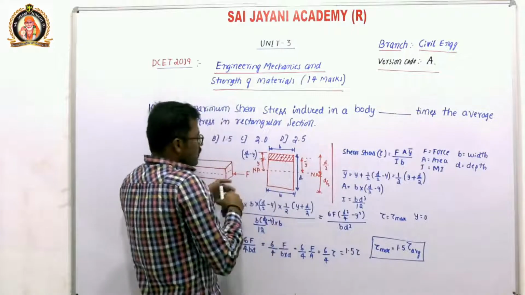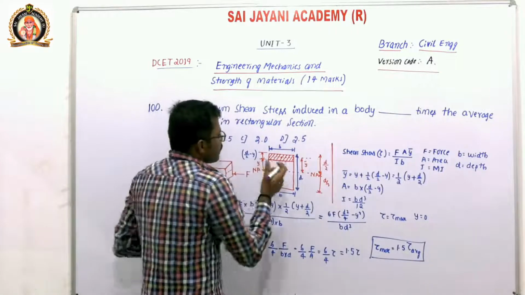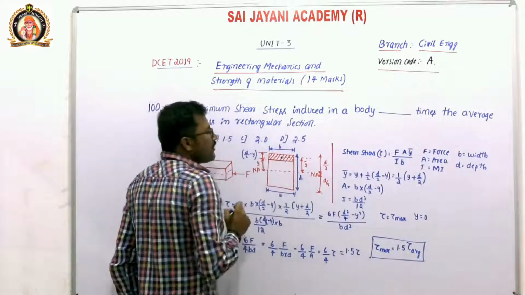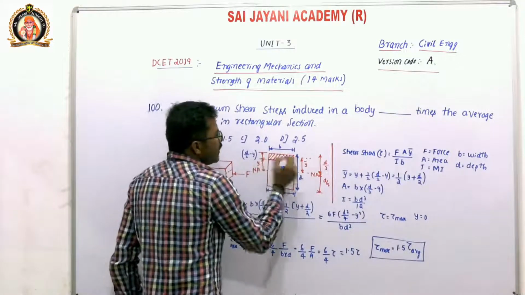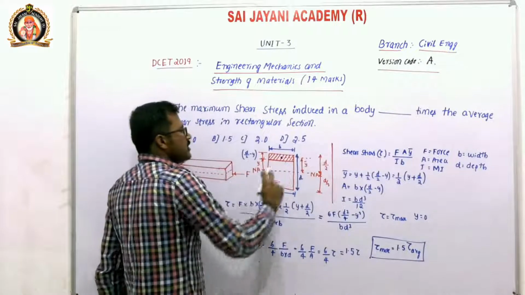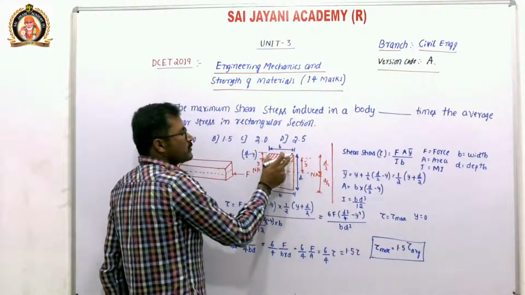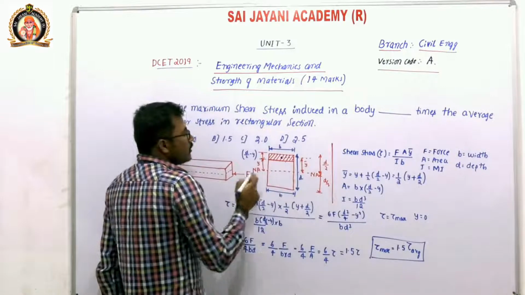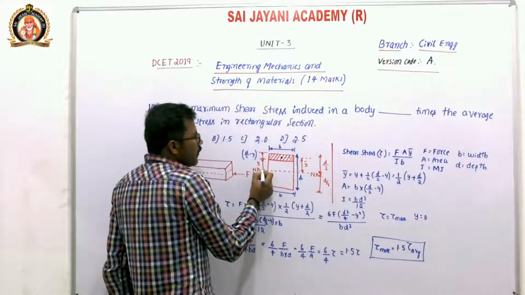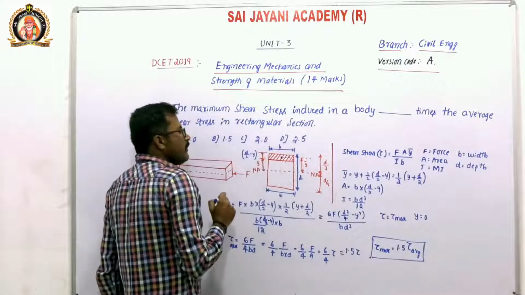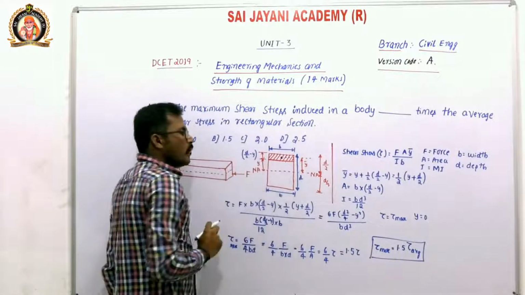And the distance between the center of gravity of the small elemental component and the neutral axis is y bar. So the distance between the neutral axis and the small elemental component is y.